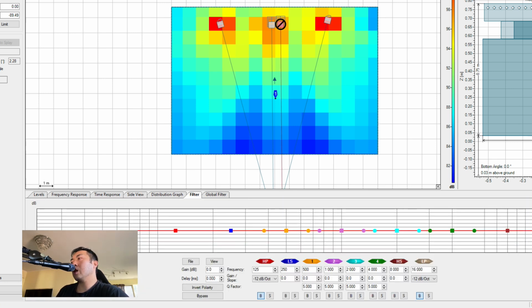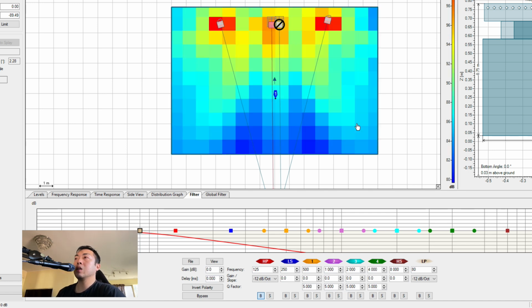Or you can get two of the same model subwoofer and literally put them right next to each other. And what that does is make them act like one big subwoofer, right?